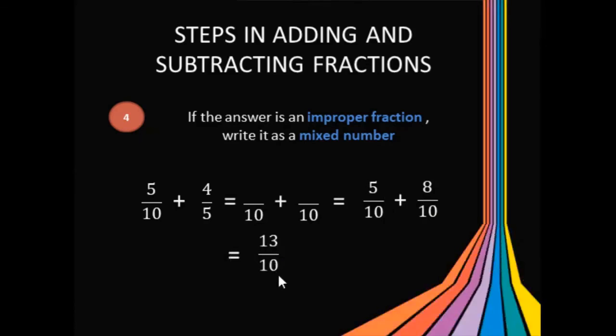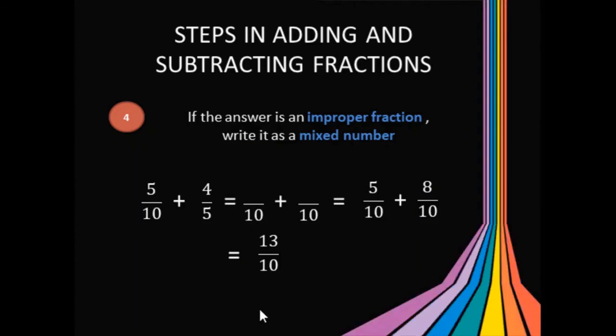13 over 10 is an improper fraction. Again, 13 over 10 is an improper fraction. Why? Because the numerator is bigger than the denominator.